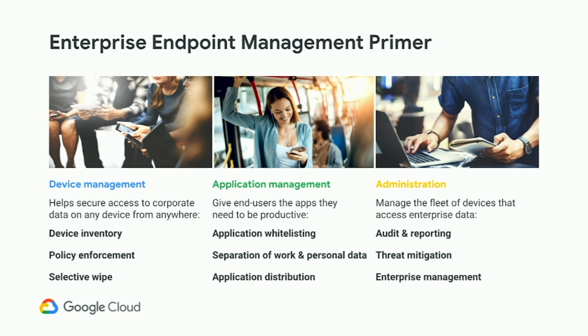That's the second pillar of what I consider enterprise endpoint management. And then the third piece is general administration of your fleet of devices. So you've got these devices out there. You want to audit and report on them. You want to be able to maintain threat mitigation protocol on that, and just general enterprise management of your device fleet.